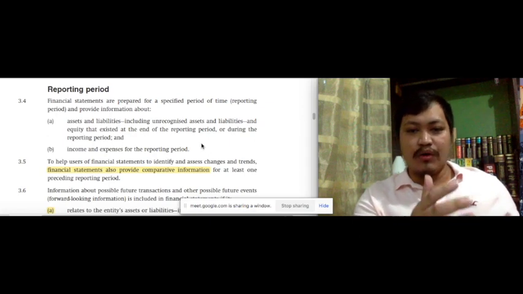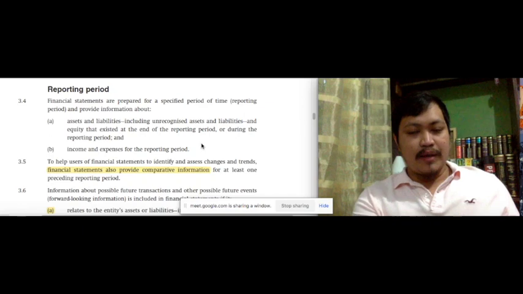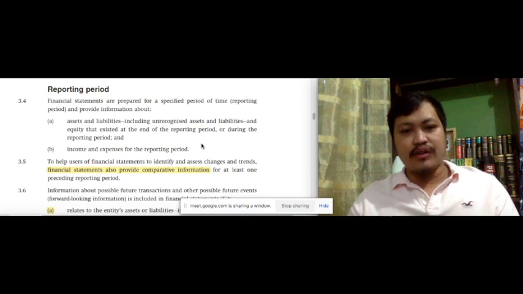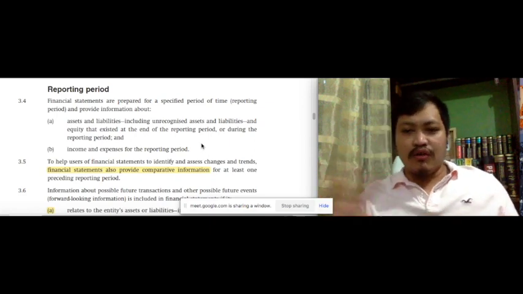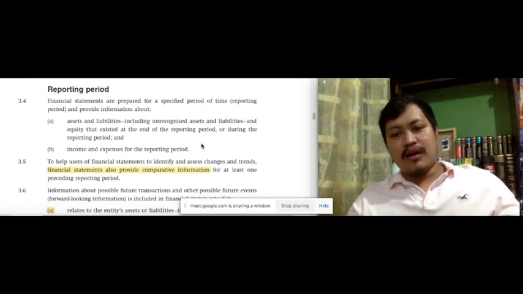The answer is no. We will only focus on the transactions that concern the reporting entity. Otherwise, class, it will be very chaotic. If we just combine or merge transactions of different entities, then it would be very difficult to use the financial information that would result from our accounting process.